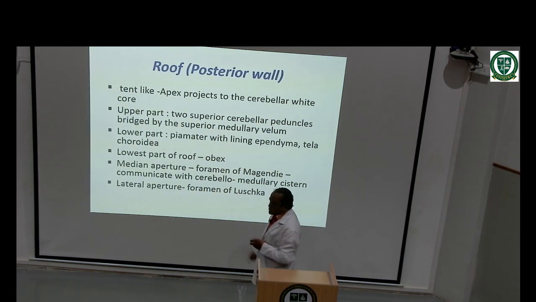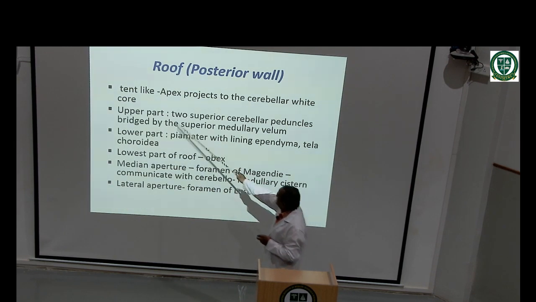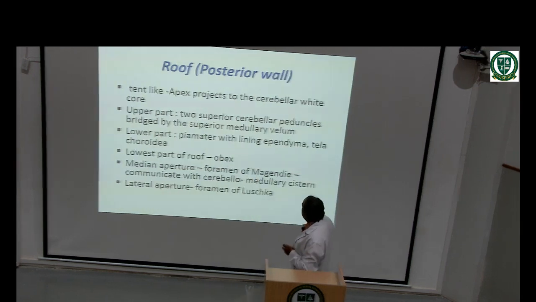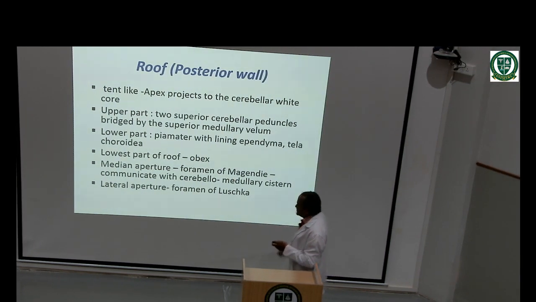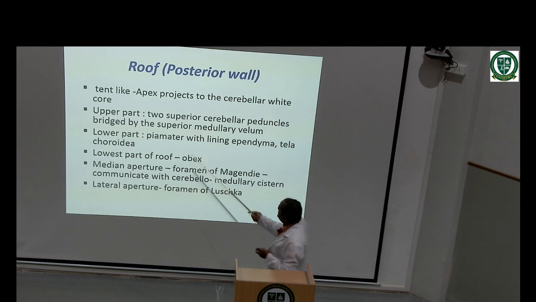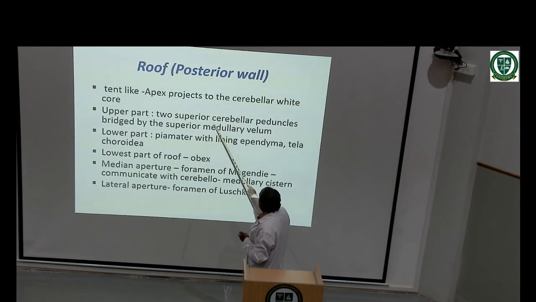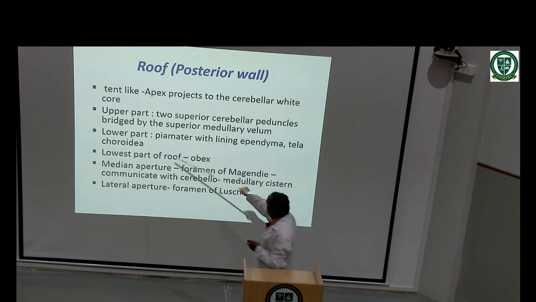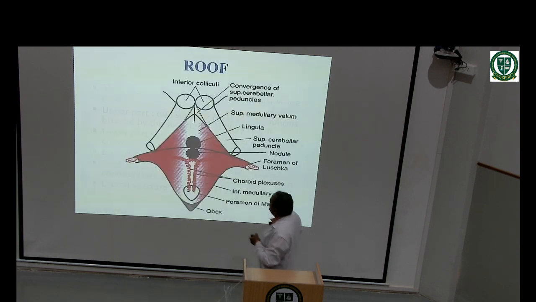It has 2 parts, upper part and lower part. The upper part is stretched or bridged between the two superior peduncles, and that is called the superior medullary velum. The lower part is called the inferior medullary velum. I will show you in this diagram.